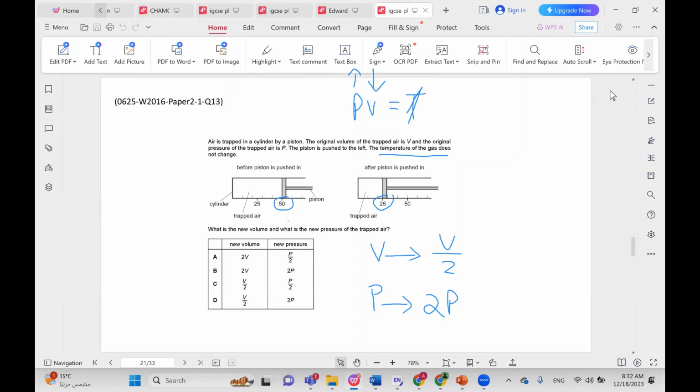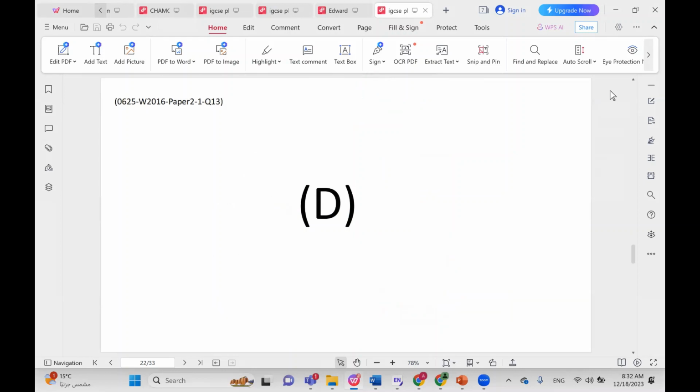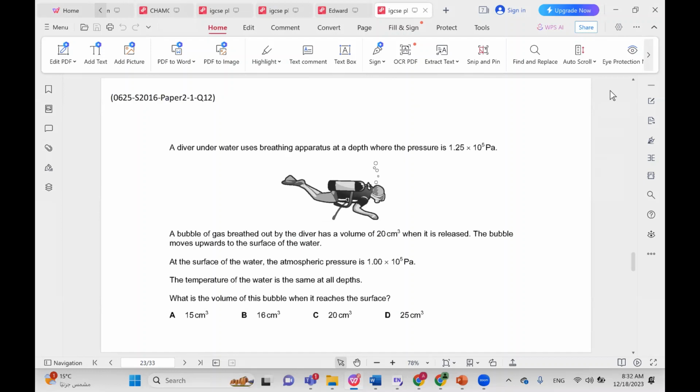It's the opposite process. So we go with choice D, V over 2 and 2P. How did we know that it's V over 2? Because 50 divided by 2 gives us 25. So the correct choice here is D.